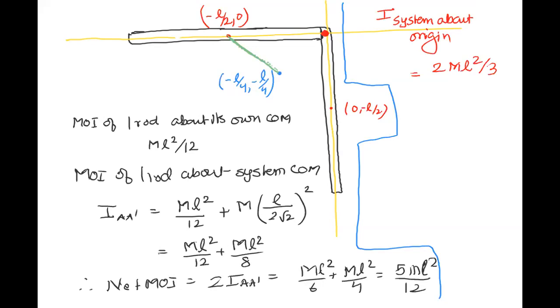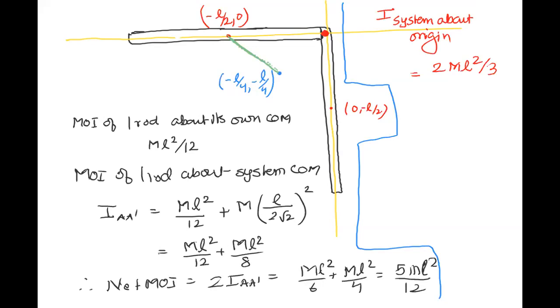Why? क्यों होगा ऐसा? ml square by 3 plus ml square by 3. Moment of inertia of a rod about an axis passing through one end वाला formula लगा दिया.